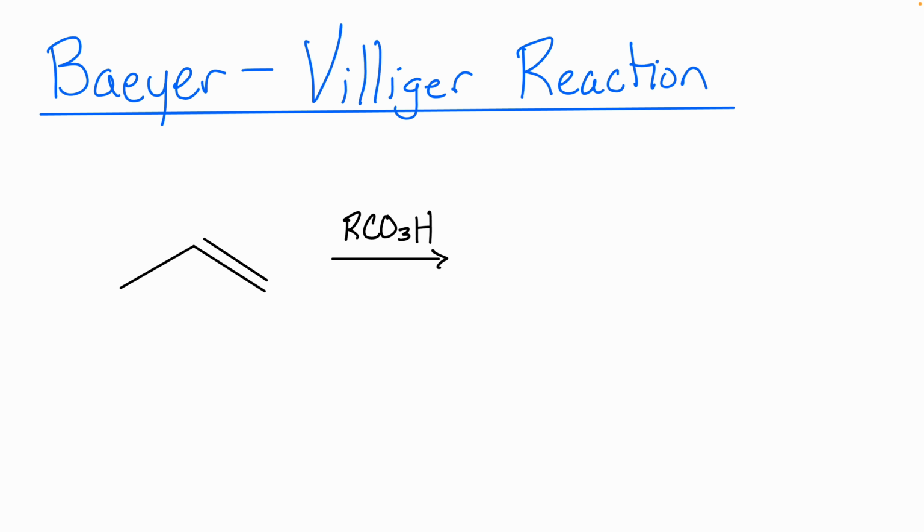And especially when we're talking about alkenes, we like to use a specific one, MCPBA. And what do these do for us? They're going to make epoxides. All right, so this peroxy acid inserted an oxygen in between this existing carbon-carbon bond.